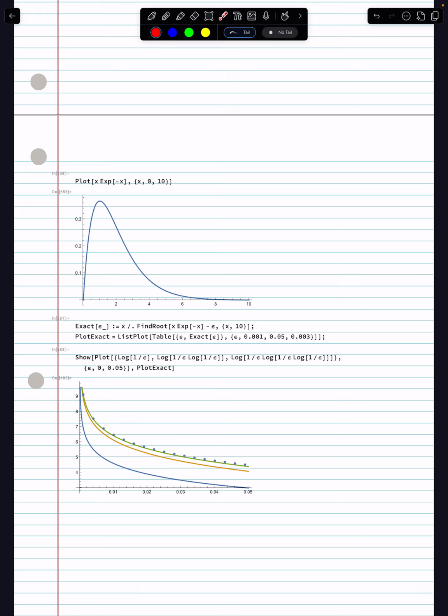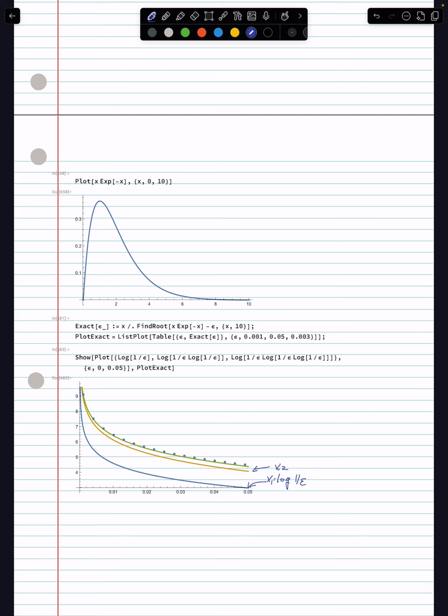And then on top of that, I'm going to show several plots on each other. I'm going to superimpose not only the exact plot that I've just discussed, but on top of this, I'm also going to overlay the log of 1 over epsilon, which is the first approximation here. That was x1. On top of this, I plot the log of 1 over epsilon times the log of 1 over epsilon.